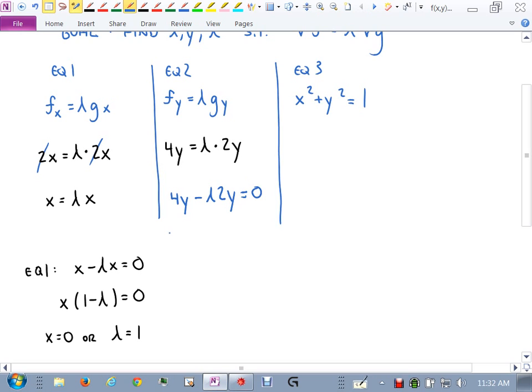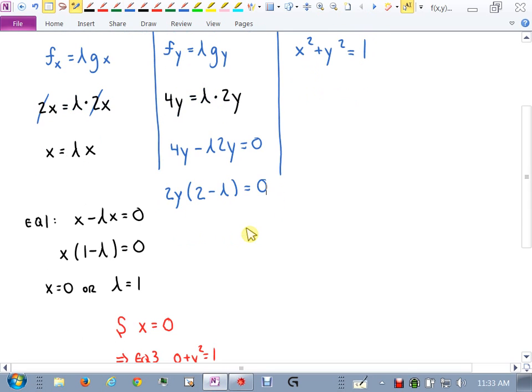And then factor out, what, a 2y? You'll be left with 2 minus lambda equals 0. Do y'all agree? When would that be true? So from equation 2 here, I know that y must be 0 or what? Lambda equals 2, right?